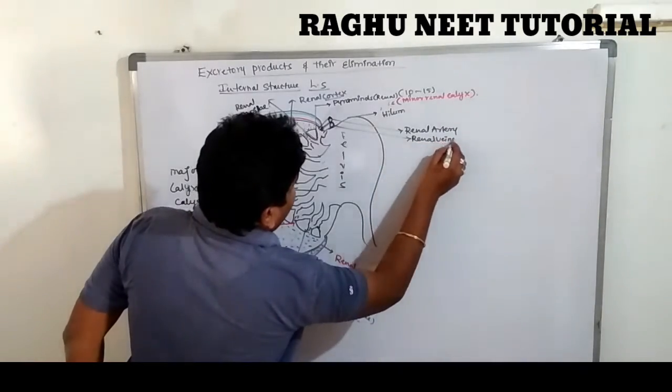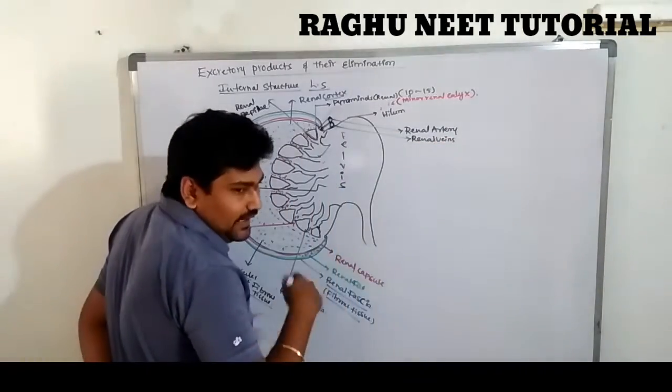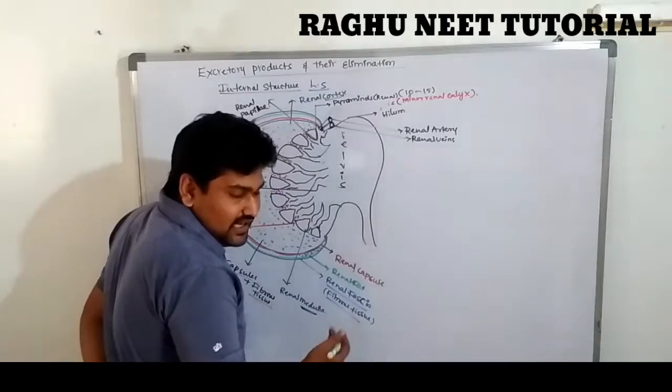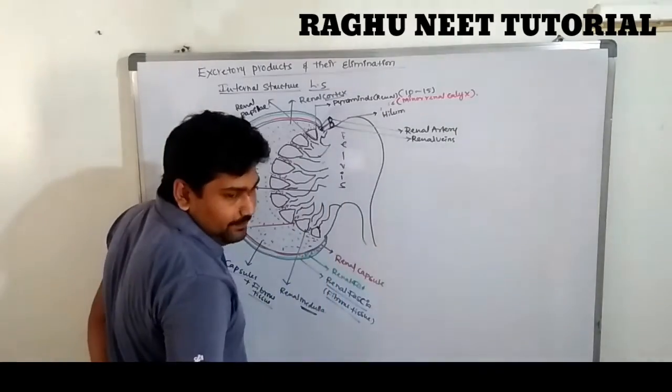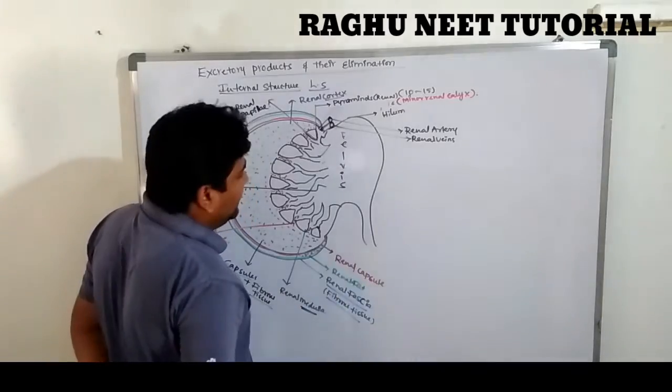The renal artery and renal vein both emerge from the inner surface of the kidney to the outside of the kidney.